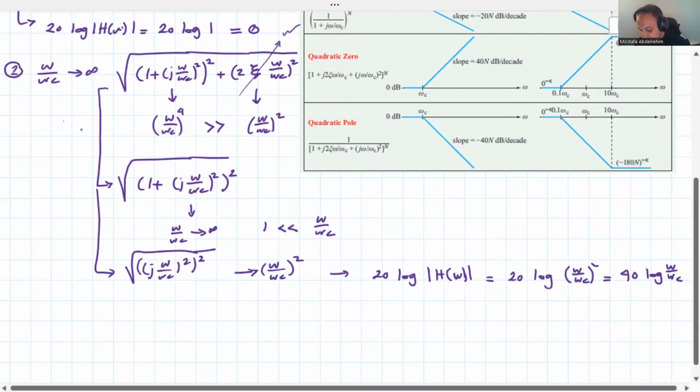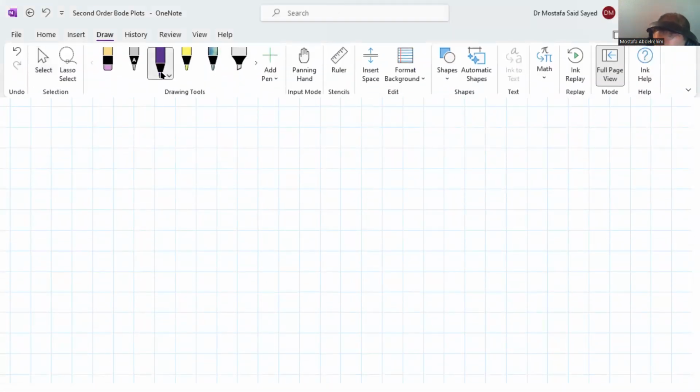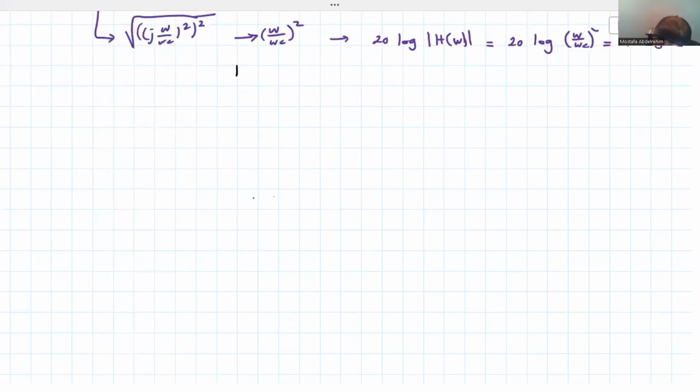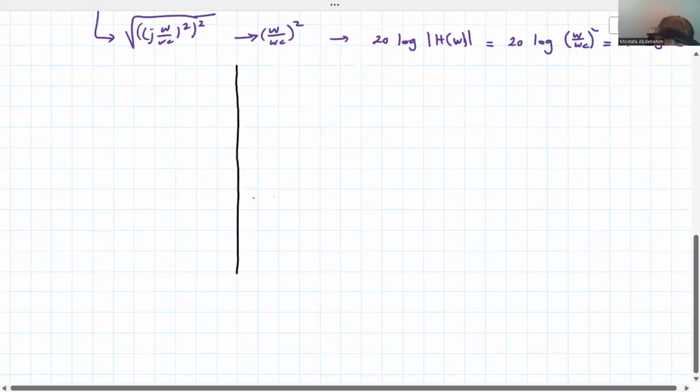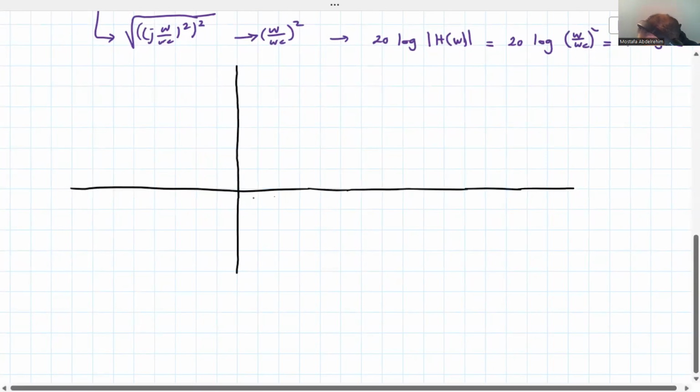Okay, let's now draw that. We're going to have a linear y-axis and a logarithmic x-axis. The x-axis is omega, and we're going to write the labels of the x-axis in terms of omega.